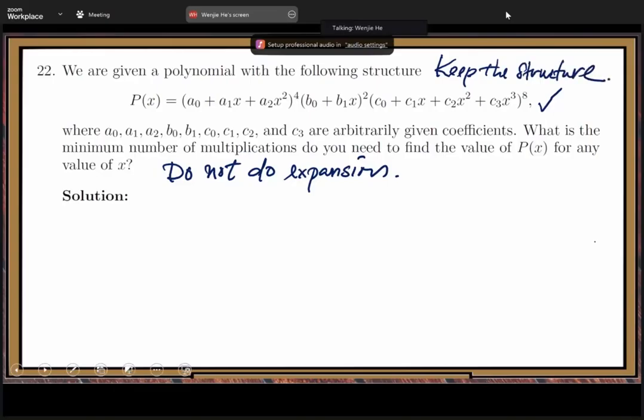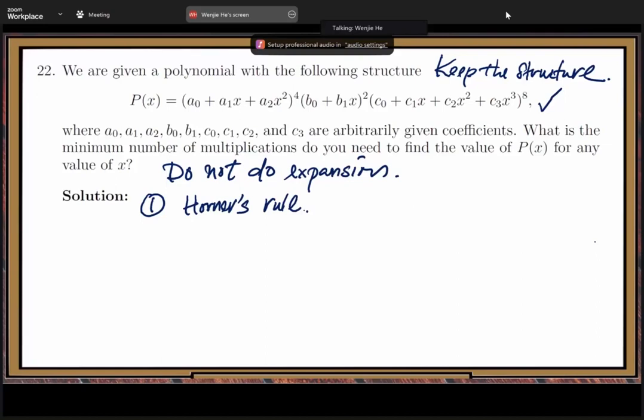Then, when you work on this structure, the first thing you need to do is use Horner's rule. Don't forget Horner's rule.